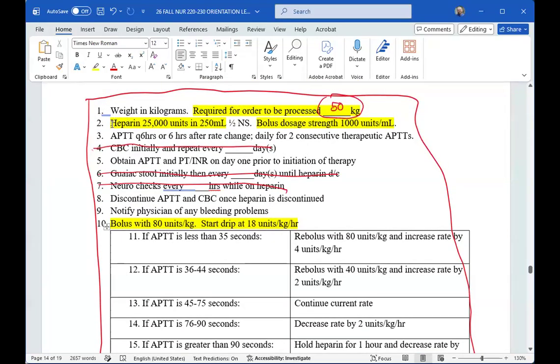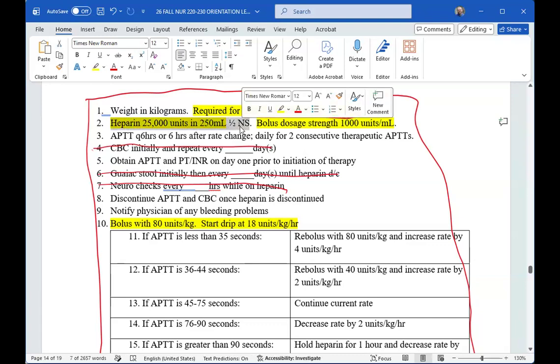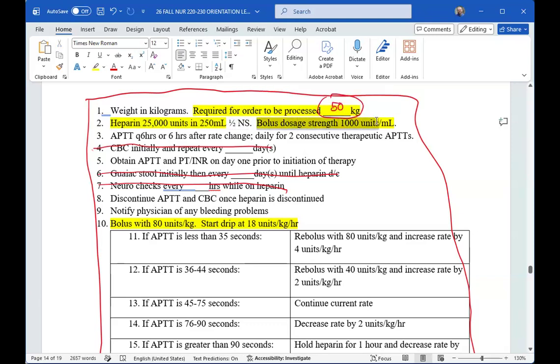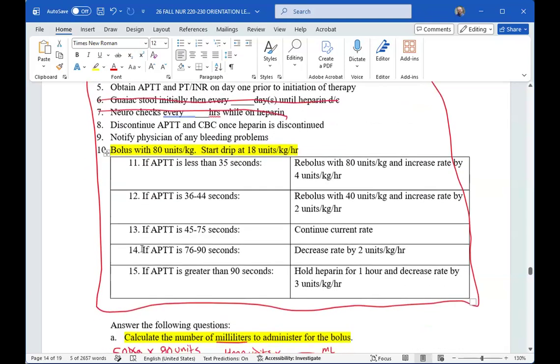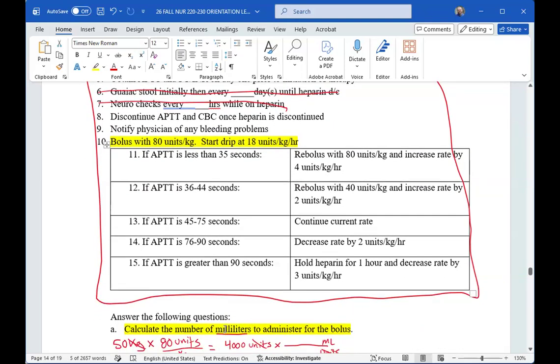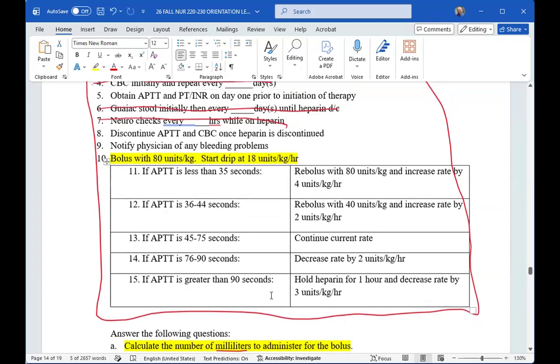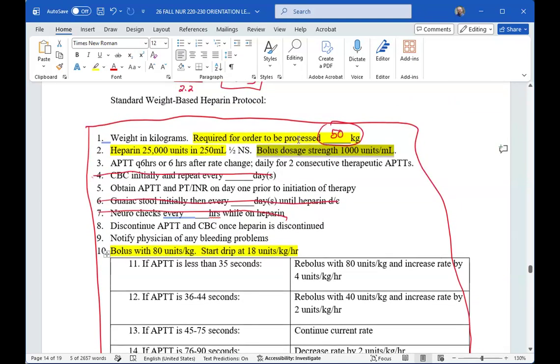The first is that I have heparin, 25,000 units in 250 milliliters half normal saline. That's in my IV. But it also says I have a bolus dosage strength of 1,000 units per milliliter. What am I calculating? The number of milliliters to administer for the bolus. So I want to use the bolus dose for this.